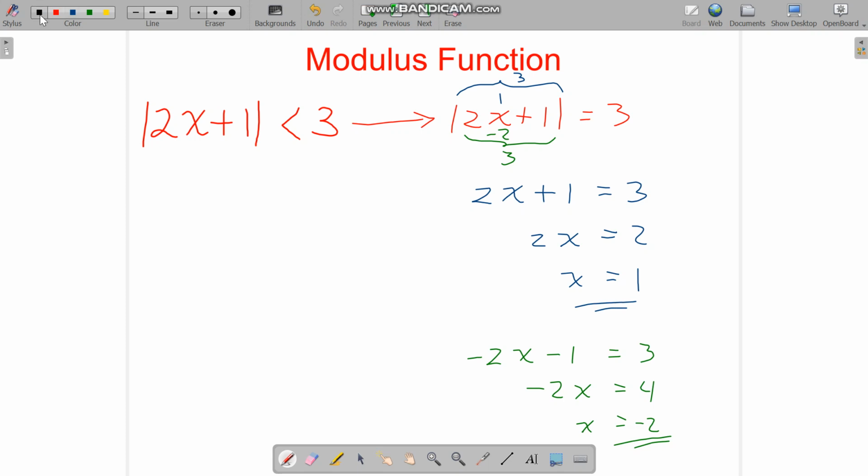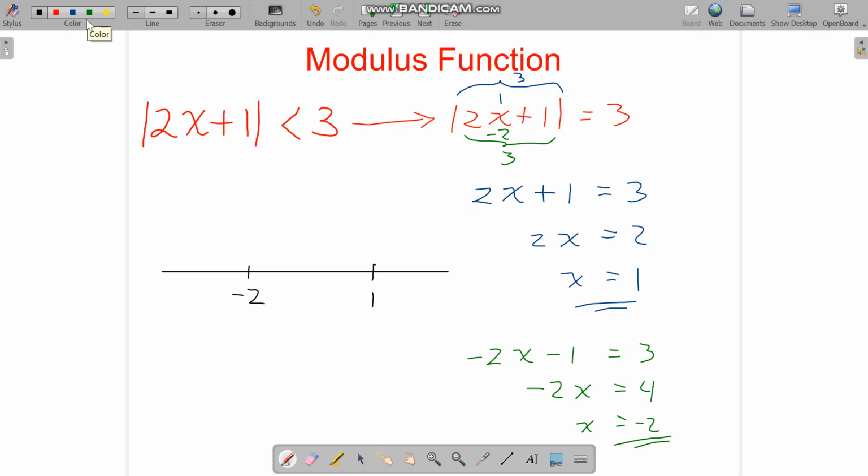Now for the inequality, we draw the number line like this. We put the critical values, which are the solutions to the equation, so minus 2 and 1. And then we try each interval. We plug in some random number in each interval.